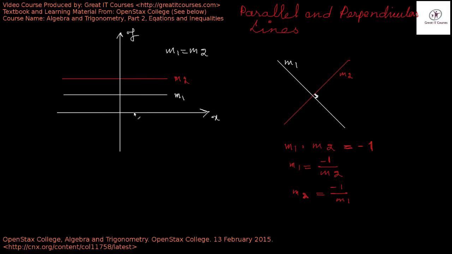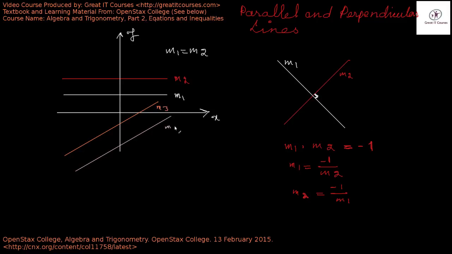But it doesn't have to be necessarily this way. For example, you could have a line like this, and then you have another line something like this. Then again this one has slope m3 and this one has slope m4.